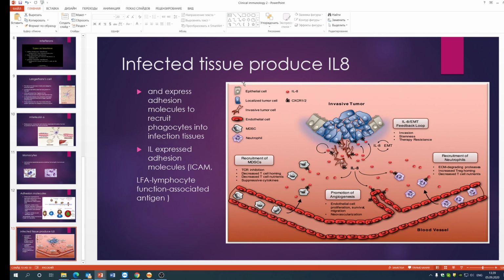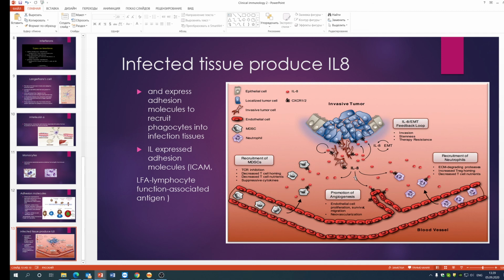Infected tissue produces interleukin 8 and expresses adhesion molecules to recruit phagocytes into the infected tissue. Infected tissue produces interleukin 8 and expresses ICAM as an adhesion molecule, and interleukin 8 induces alpha A1 and selectin molecules on pathogens.